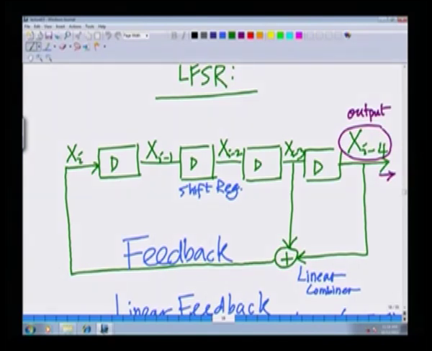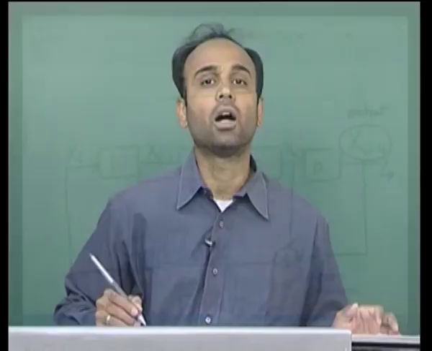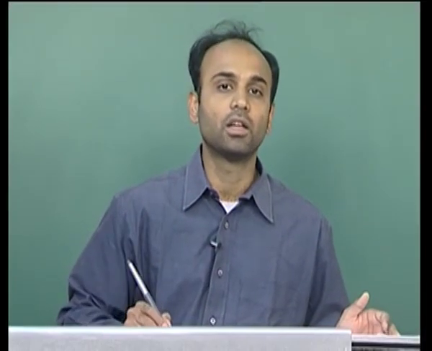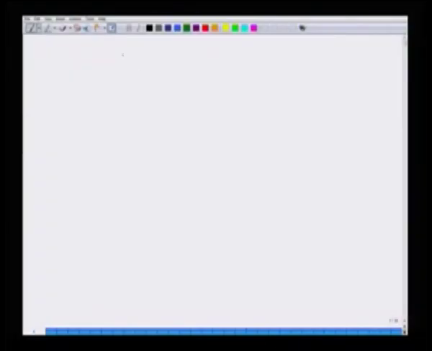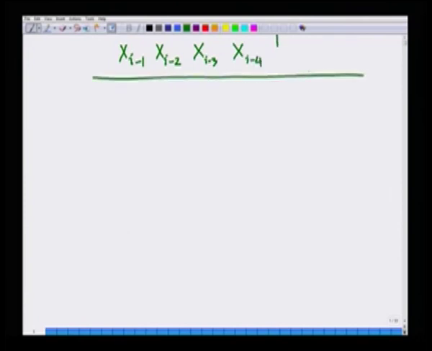With that, let us discuss the output and the behavior of this linear feedback shift register. All right. So, I will write here 4 columns xi minus 1, xi minus 2, xi minus 3, xi minus 4, and xi is generated, remember, as xi minus 3 XOR with xi minus 4.